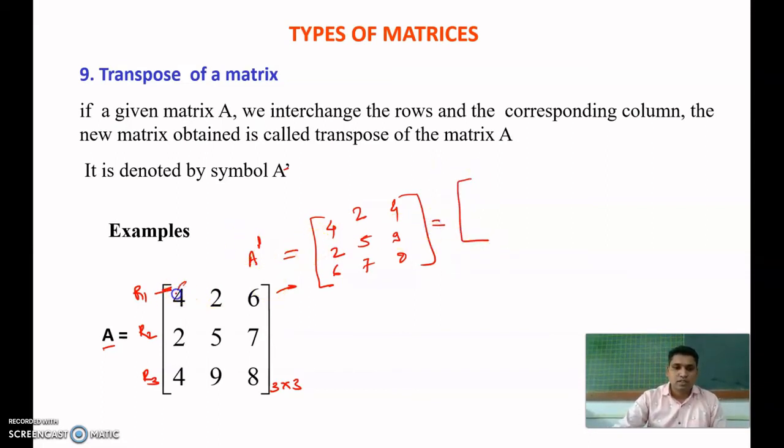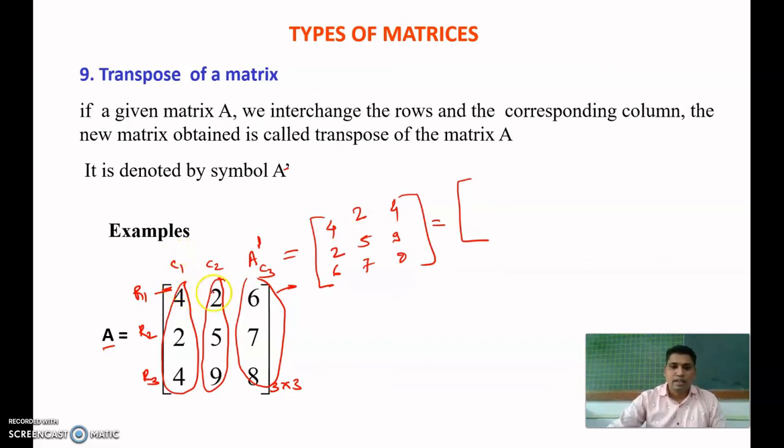You can see here, this is column C1, C2 and this is C3. Now we interchange these columns to rows. See, the first column is 4, 2, 4, so I write it down in terms of rows.